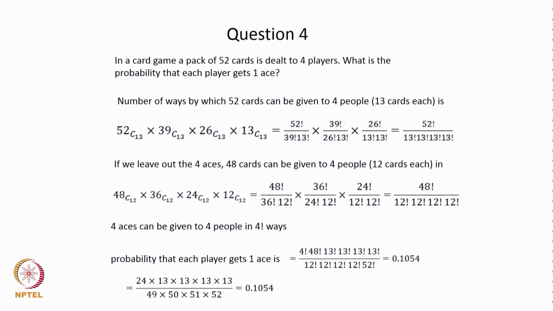The 4 remaining aces as the 13th card can be given to the 4 people in 4 factorial ways, and therefore, each person getting an ace is 4 factorial multiplied by 48 factorial divided by 12 factorial 4 times, divided by 52 factorial divided by 13 factorial 4 times, which comes here, and the 13 factorials go to the numerator and we get 0.1054.